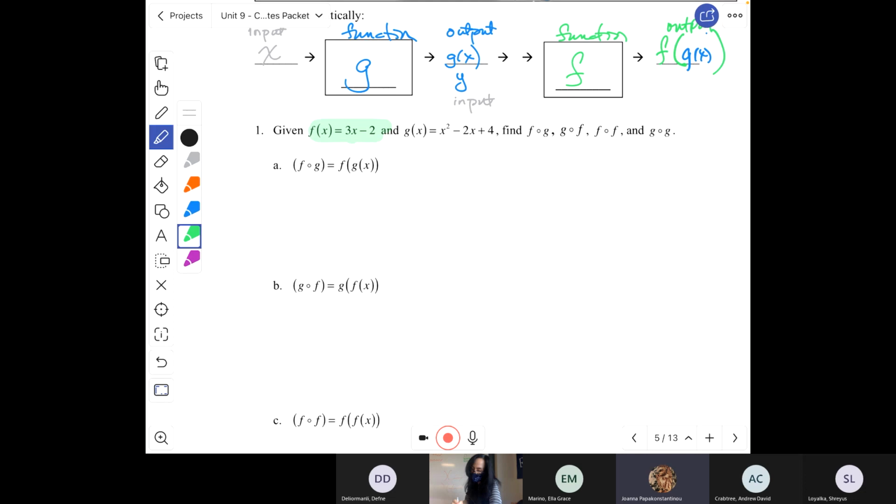We have g, which was this quadratic function. What I'm asking you to find is f composed with g, f of g. Then I'm asking you to find g composed with f, g of f. Then I'm asking you to find f composed with itself, f of f, and then g of g.